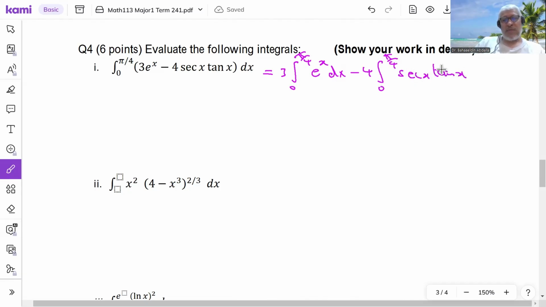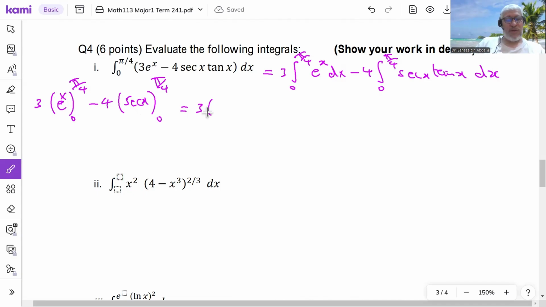x tan x dx. So there is a 3, and the integral of e^x is e^x, from 0 to pi over 4, minus 4 times the integral of secant tan, which is secant, because the derivative of secant is secant tan, from 0 to pi over 4.